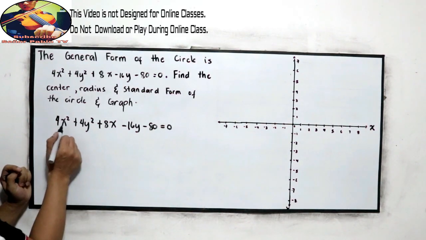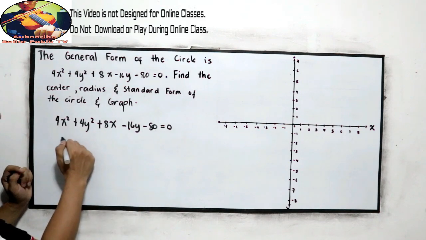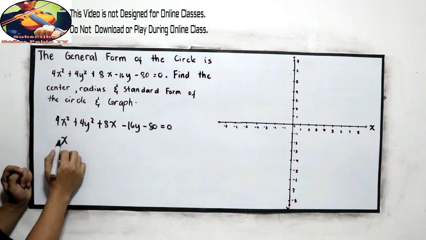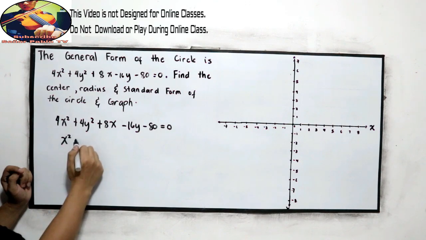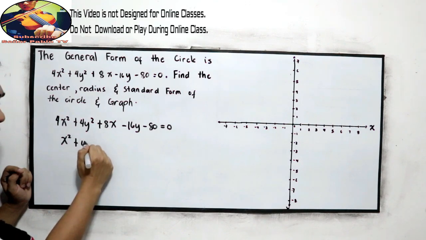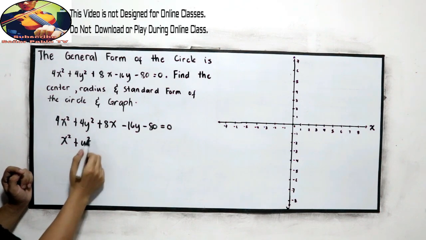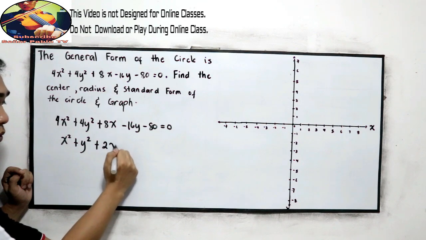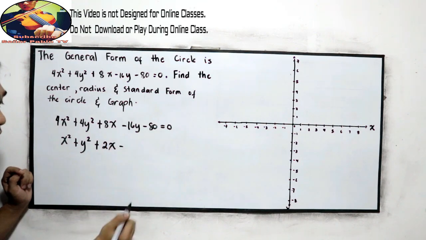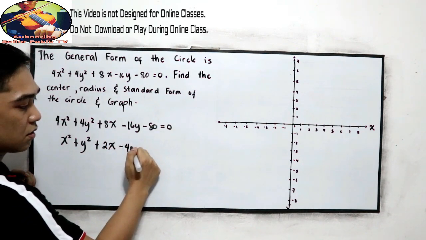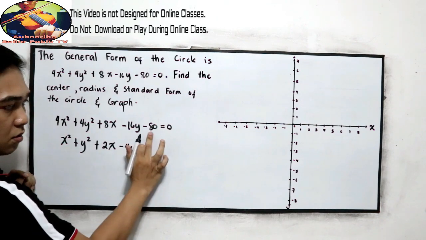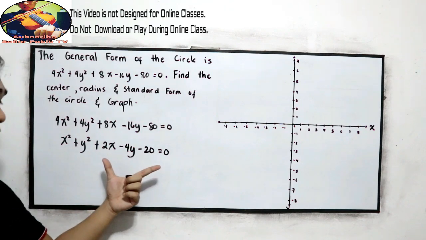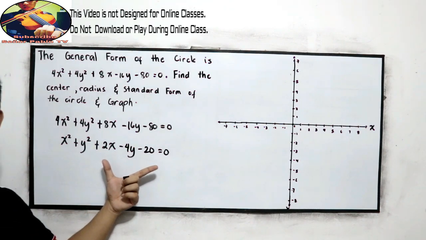Divide by 4: 4 divided by 4 will become 1x squared, or simply x squared, plus 4 divided by 4 will become y squared, plus 8 divided by 4 will become 2x, minus 16 divided by 4, that is 4, copy y, minus 80 divided by 4, 20, is equal to 0. This is now the reduced form of our general form.